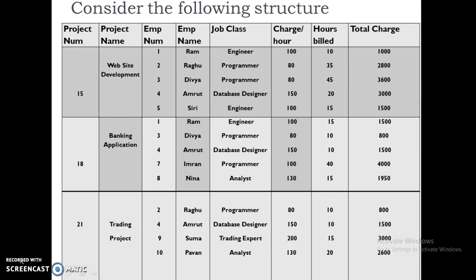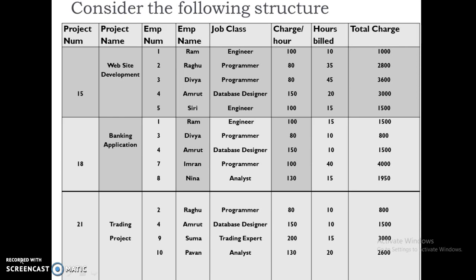If we observe this structure closely, we notice that there are a set of 3 projects, each of them associated with a given name, and there is a set of employees that works on each project. Each employee belongs to a certain job class, and every job class has one fixed rate or charge per hour.